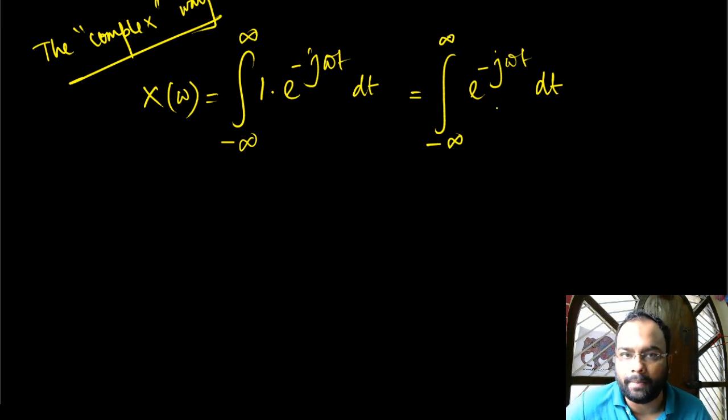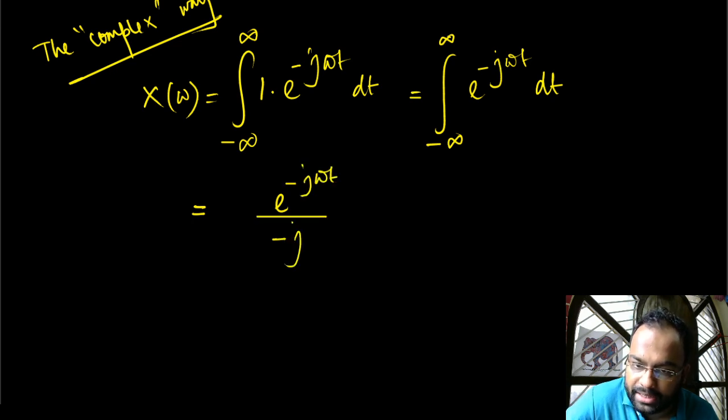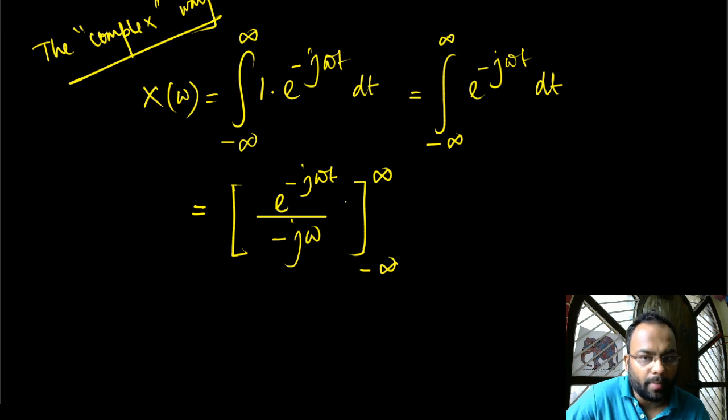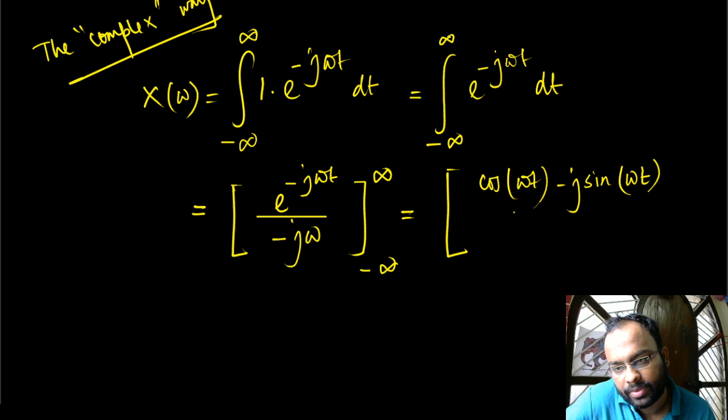Now we have a problem. What problem? If I integrate this, I have e to the power minus j omega t by minus j omega, and I'm putting the limits. But what is e to the power minus j omega t? It is cos omega t minus j sine omega t, over minus j omega, and we are placing the limits for these.